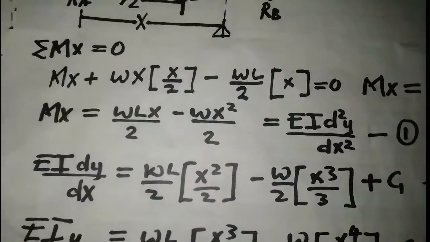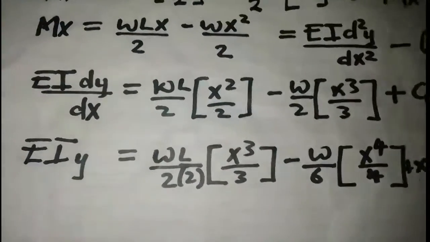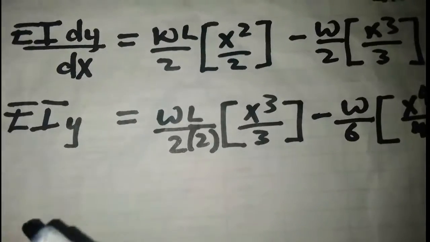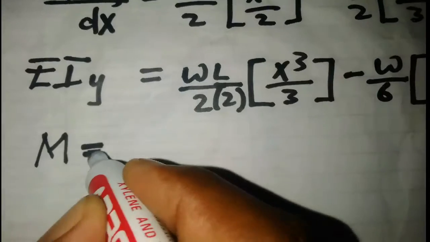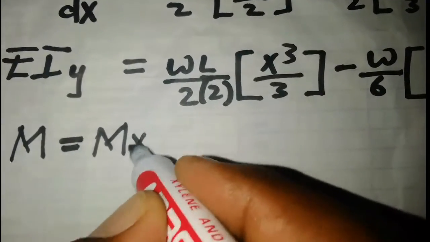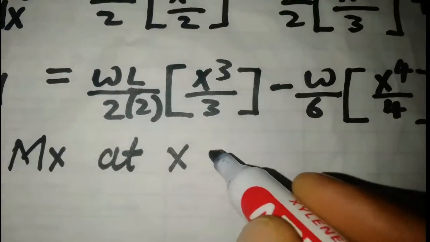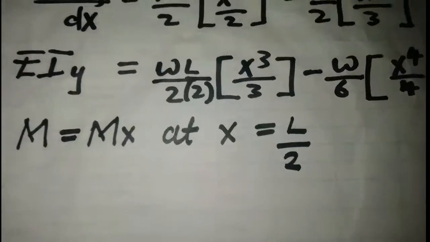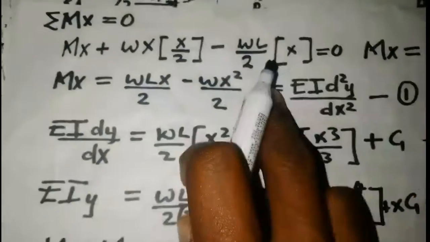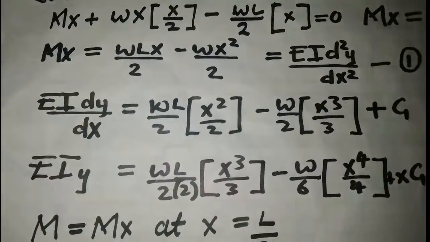So from the equations that we have, this is Mx. We are going to set some conditions that for maximum bending moment, M will be equal to Mx at x equals L over 2. So we're going to substitute for x, we're going to put L over 2.